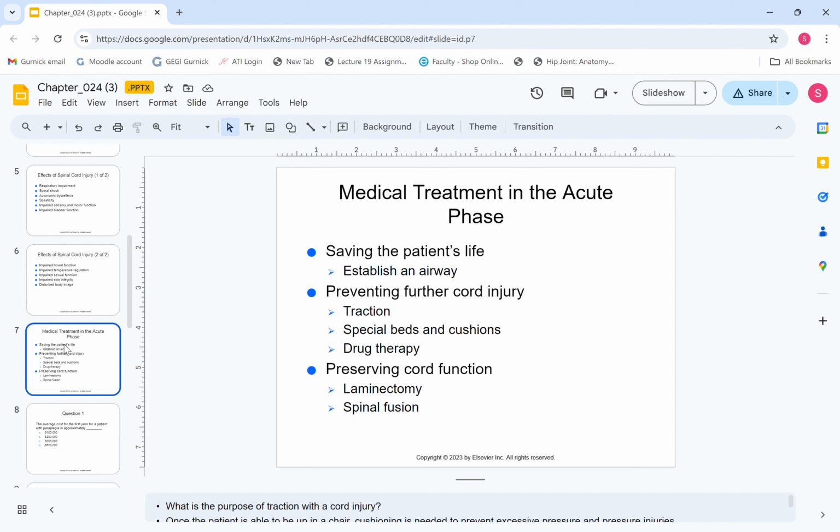Now, in addition to traction, on page 448 you have a picture of a halo vest, which your book calls a halo device. It's a vest that is attached to some rods, and those rods are attached to a round metal piece that goes over the head.